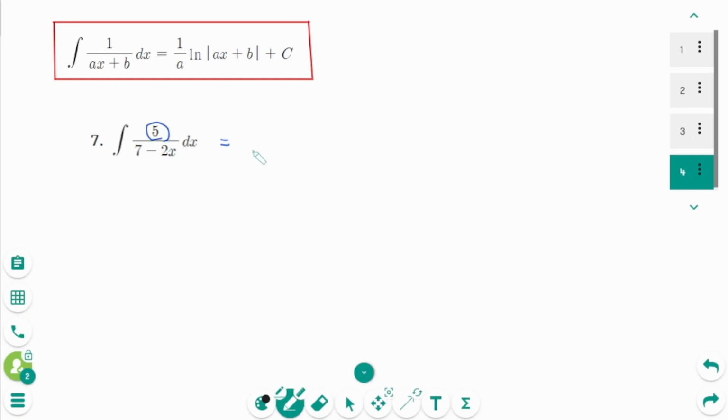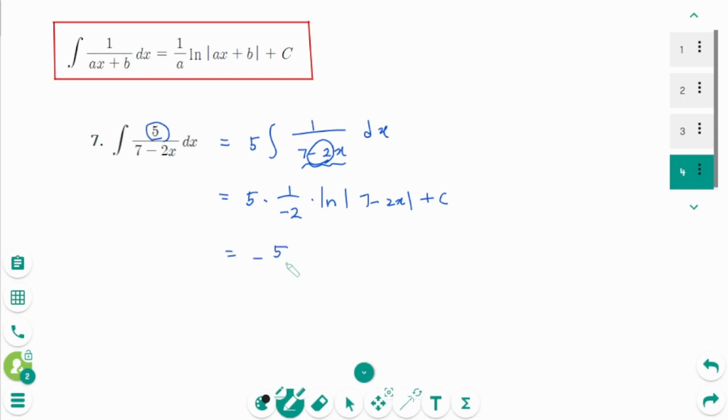We can rewrite as 5 times the integral of 1 over 7 minus 2x dx, which equals 5 times ln absolute value of 7 minus 2x plus c, then times 1 over minus 2, which is the coefficient of x. Then we can rewrite as minus 5 over 2 times ln absolute value of 7 minus 2x plus c.